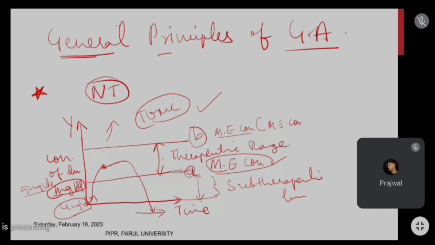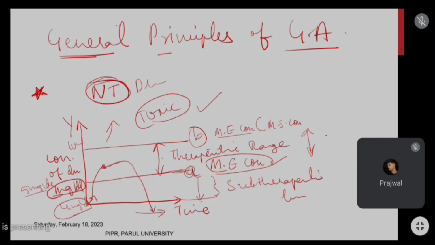Anyways, now I want to tell you what is a narrow therapeutic range or narrow therapeutic drug. The drugs which have a very narrow therapeutic range, for example from 5 mg per dl to 10 mg per dl. If the drug is present in this range, that is therapeutic range. The drugs which have a very narrow therapeutic range are called narrow therapeutic drugs.